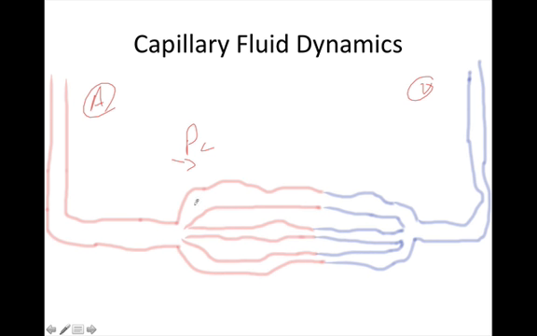So as blood enters here, let's keep the same numbers as the last slide: a capillary hydrostatic pressure of 37 and a colloid osmotic pressure of 25. We do the math here and we get plus 12. That's positive, that's a pushing force. So we have filtration, and then we deliver oxygen and nutrients.